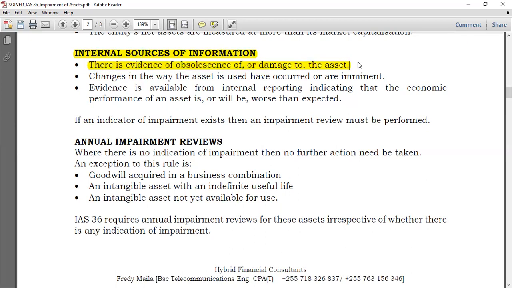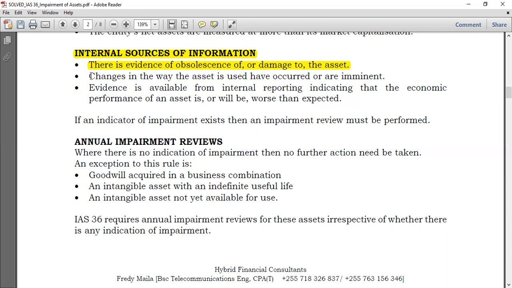So this would lead to a decrease in value in use, and the decrease in value in use could lead to the probability that the recoverable amount would be low. The recoverable amount being lower means that there is a possibility of impairment.